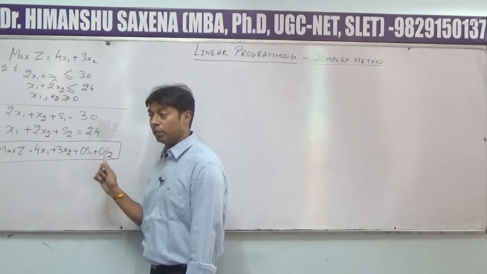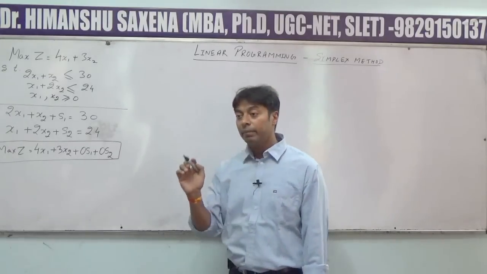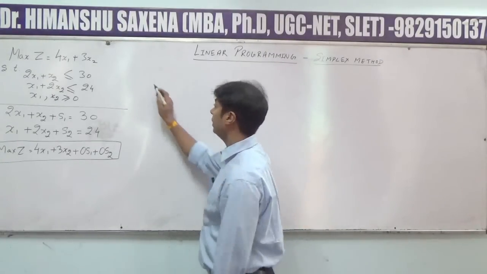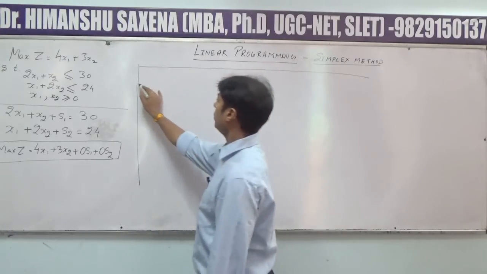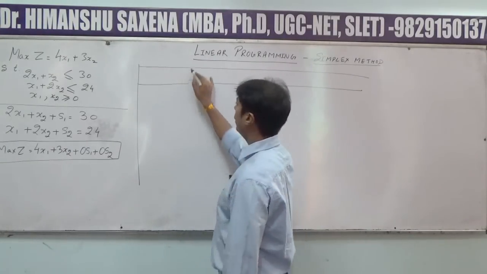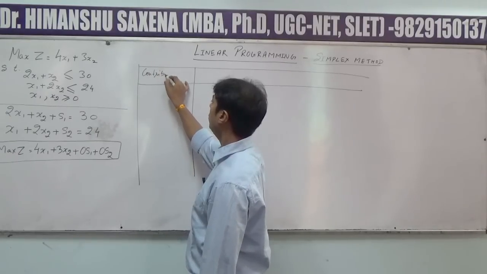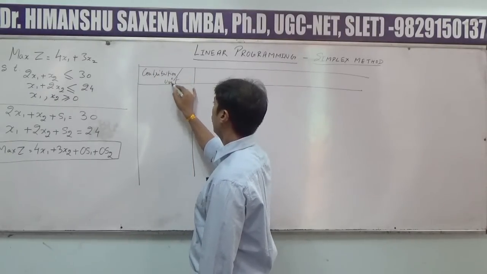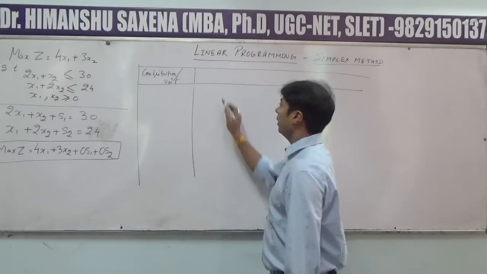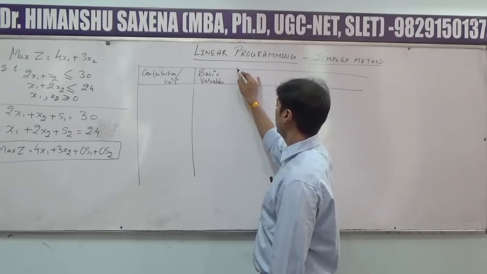So the first step was adding slack variables in the respective equations to balance the equations, then revising the main function. Now we have to construct a table. The table's name is Simplex Table. So please take down the format of the Simplex Table. In the first place, we will have contribution per unit. Next, we have the column for basic variables.